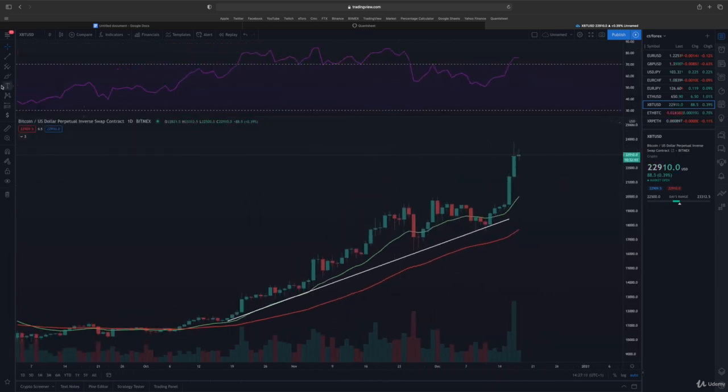When we take a look at RSI, this point is higher than this point, so it is going down here, and we can clearly see that this is going high here. So this is divergence.